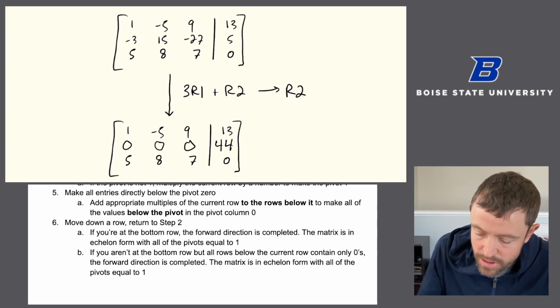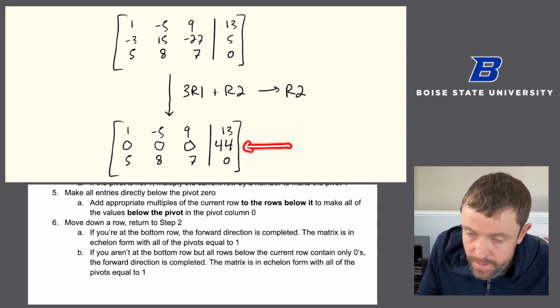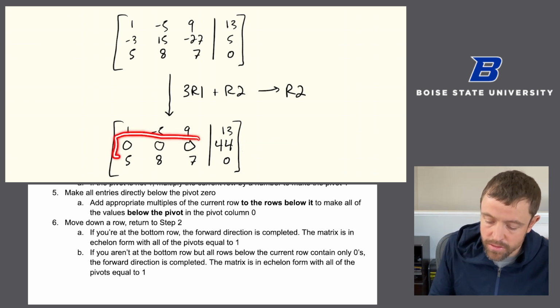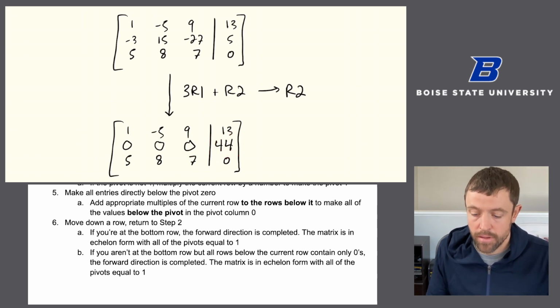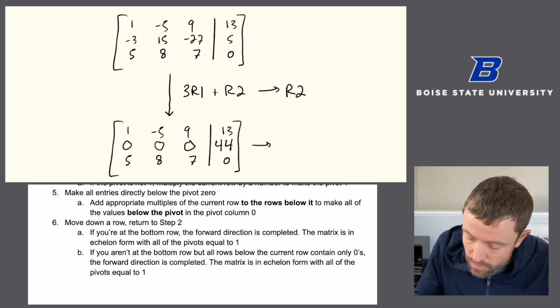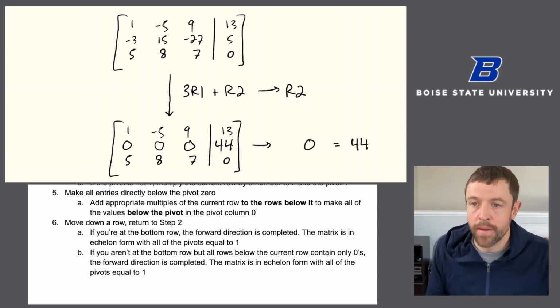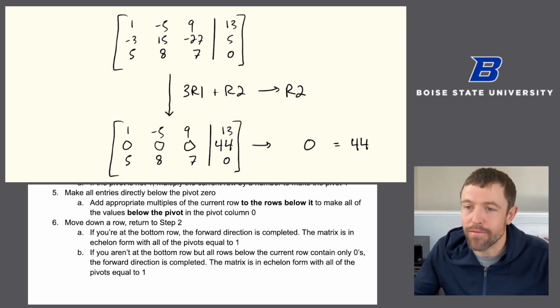But anytime you see a row like this, a row where you have all zeros on the left-hand side and something non-zero on the right-hand side, you should stop. Because this row is telling us that 0 equals 44, which is not true. I don't think that's a surprise to anyone. 0 is not 44.